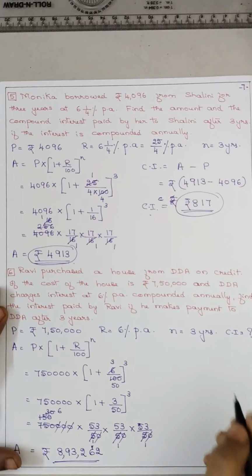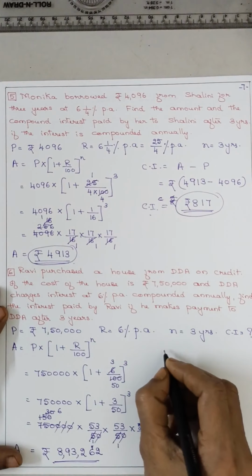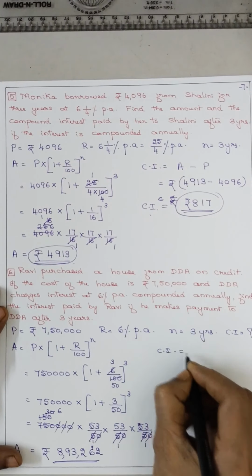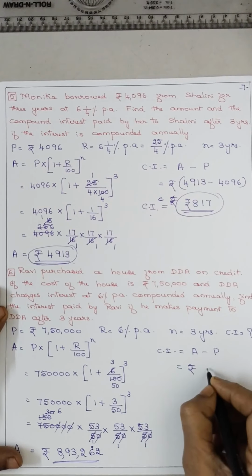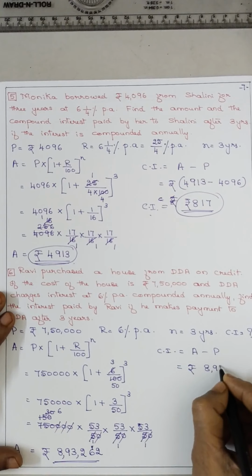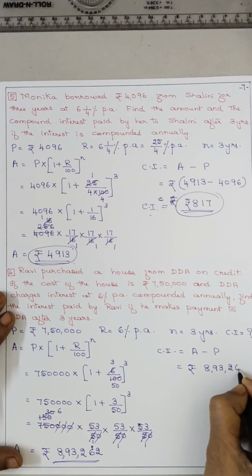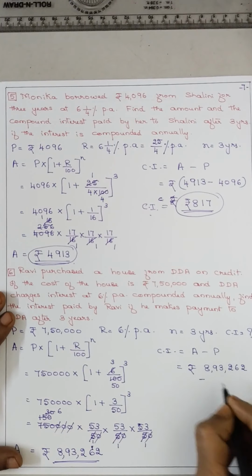8,93,262. Now they have asked interest. So CI is equal to A minus P. That is A is 8,93,262 minus 7,50,000.